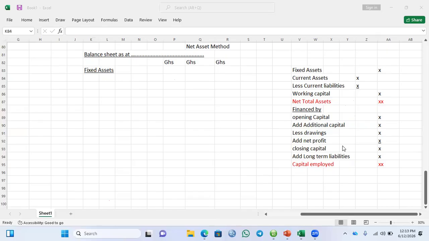Any fixed asset you know? Okay. Nicole, let me hear you. Sir, please, land and building. Land and building. Okay, great. Amuzu. Plant and machines. Yes, machines, plant and machinery.